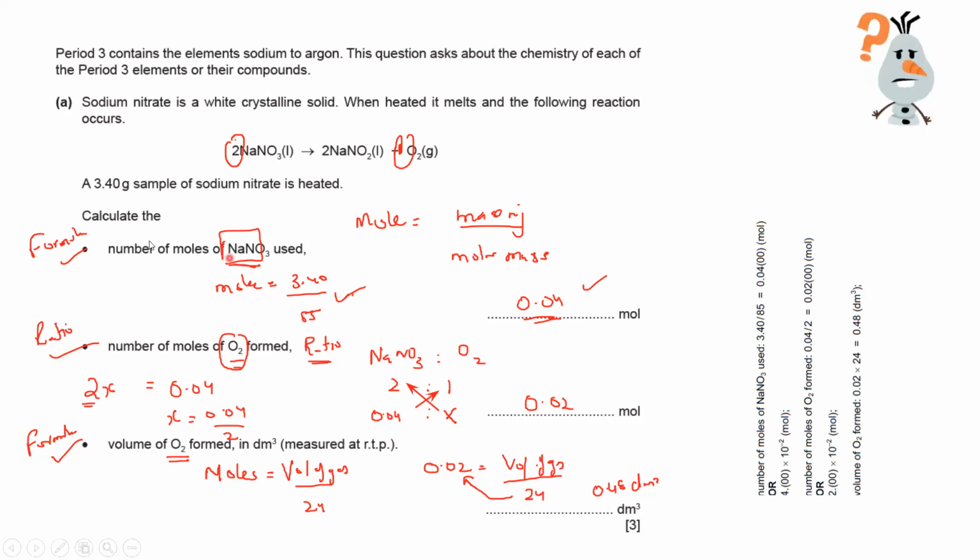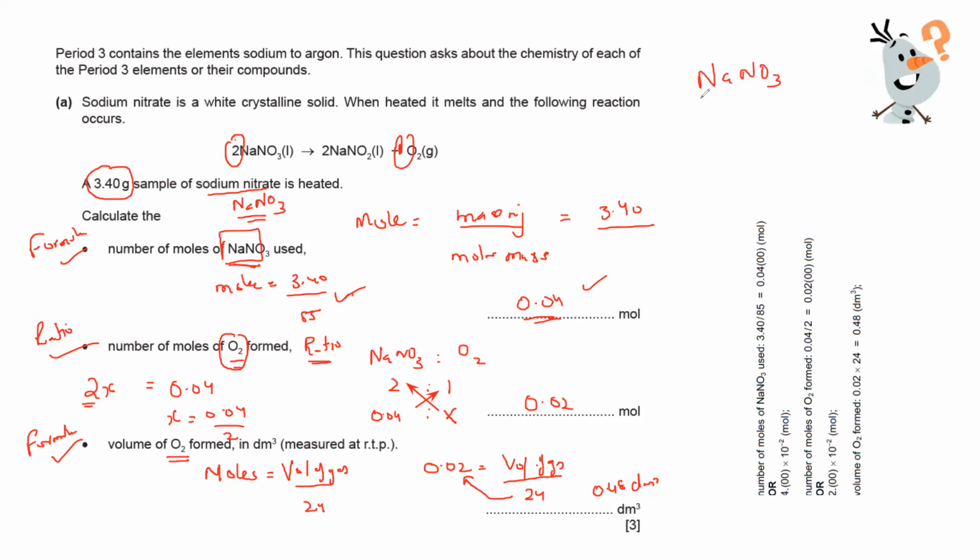So what we did in the first part, we were having 3.4 grams of sodium nitrate. So we have the mass and we need moles. So how to get the moles from mass? The mass in gram divided by molar mass will give us the moles. So mass in gram is 3.4. And what about the molar mass? Molar mass means molecular mass of sodium nitrate. How to get the molar mass of sodium nitrate? You have to check the periodic table.